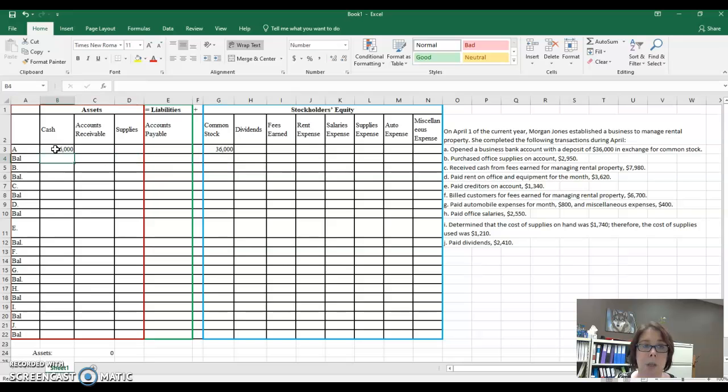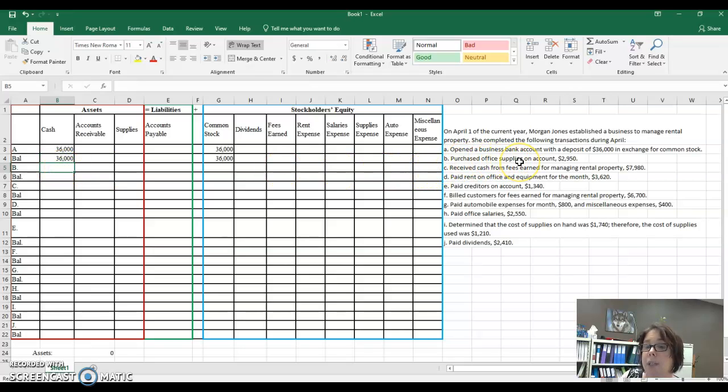We always want to keep a running balance, because we want to make sure our debits and our credits are equal. So our accounting equation equals: our assets total $36,000, and liabilities plus stockholders' equity is also $36,000. So we are in balance.